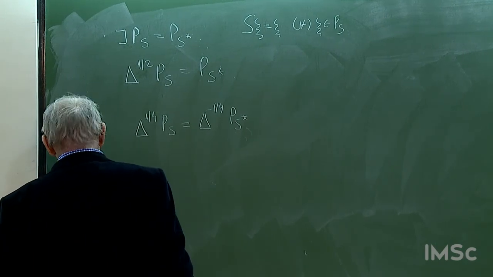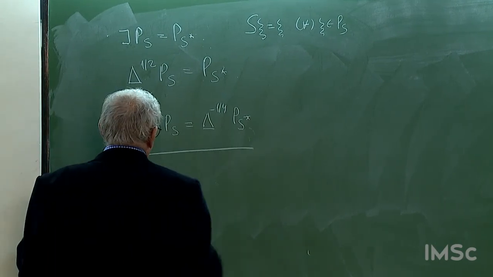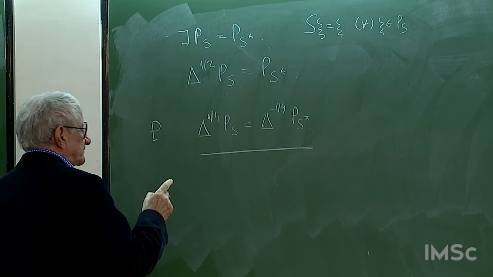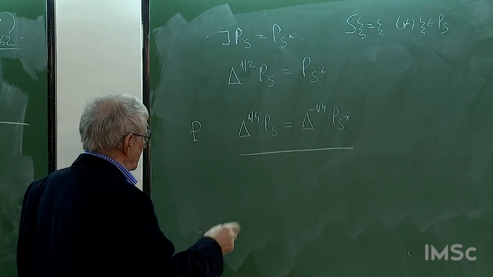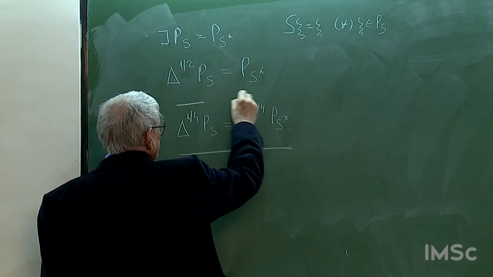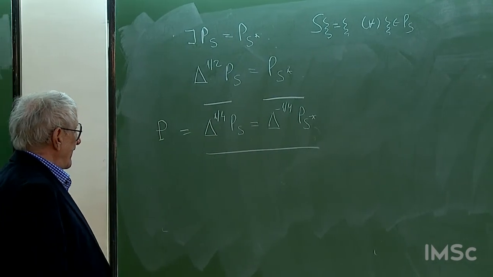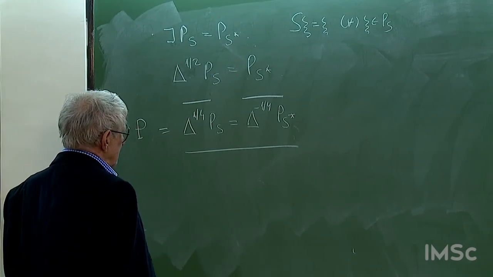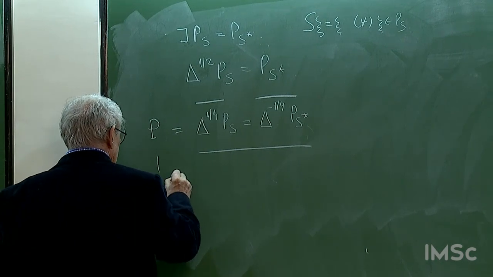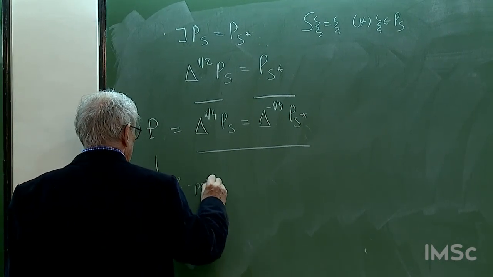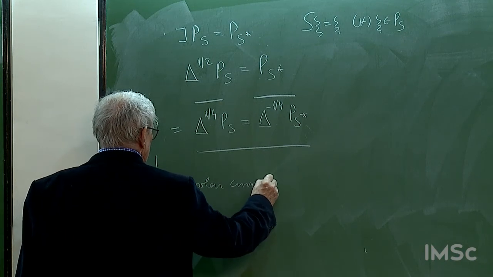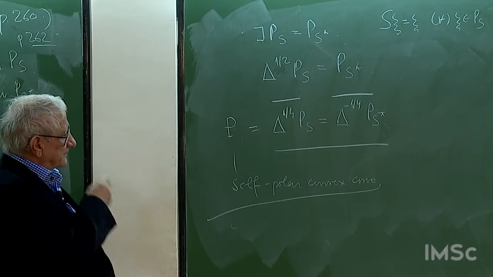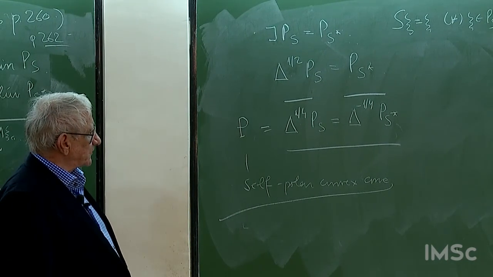And because of this, we will consider another cone which is neutral with respect to S and S star, or M to M prime, which is equal to the closure of this and the closure of this. And what we will see is that this is a self-polar convex cone, and I will go further with this self-polar convex cone.